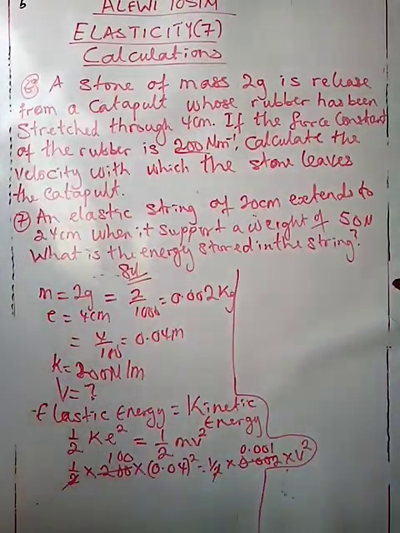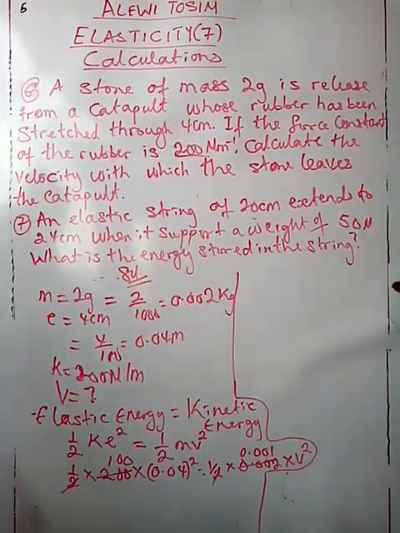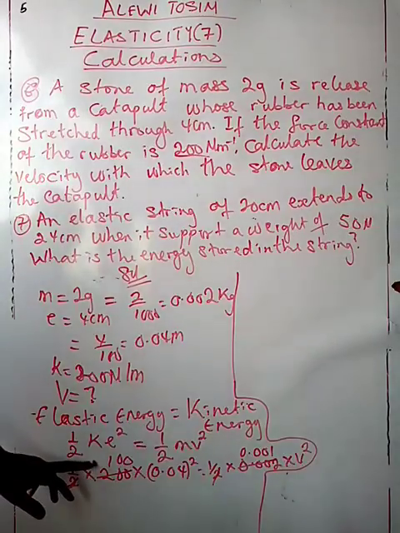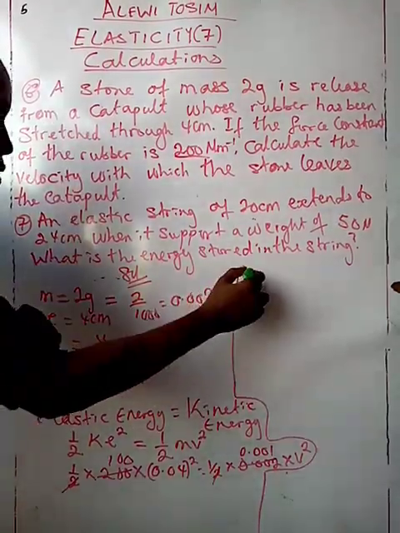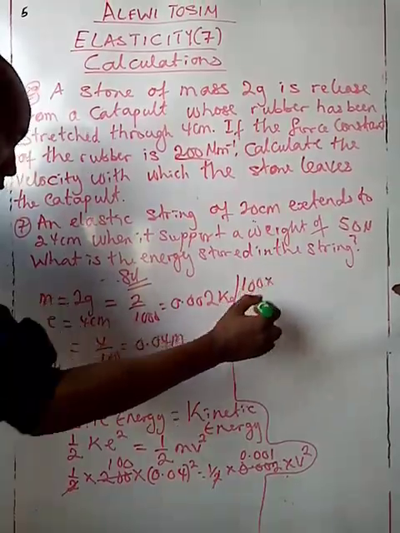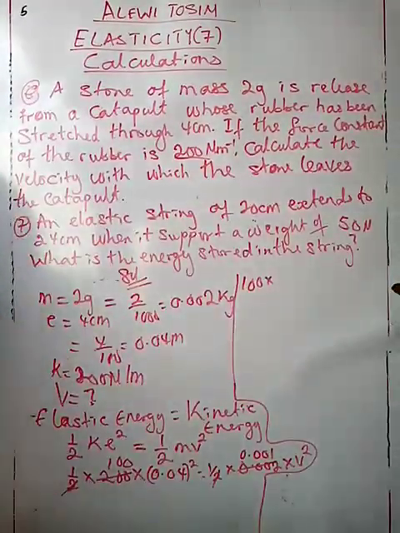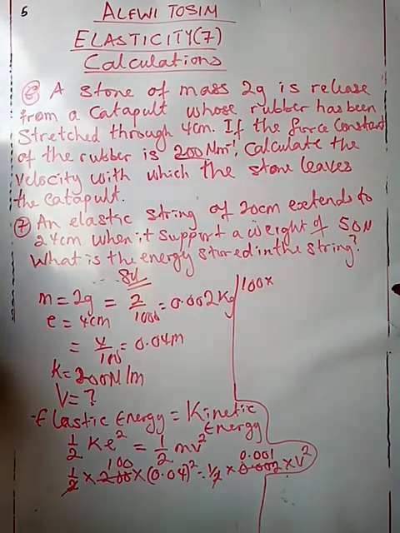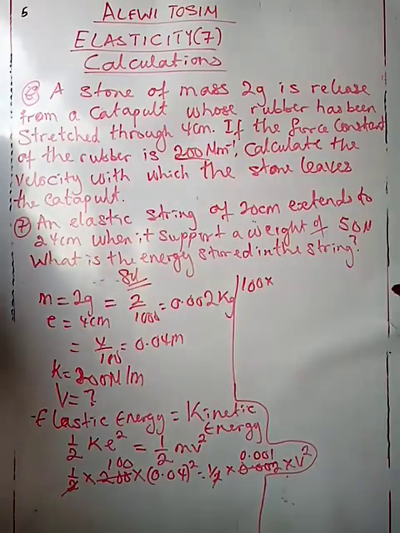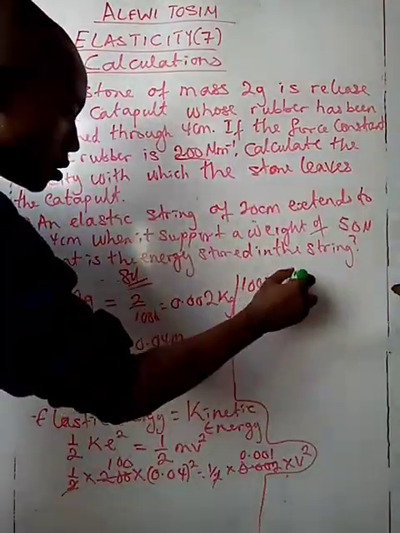Now from the left hand side, we have 100 times 0.04 squared. That's 100, and 0.04 squared will give us 0.0016.